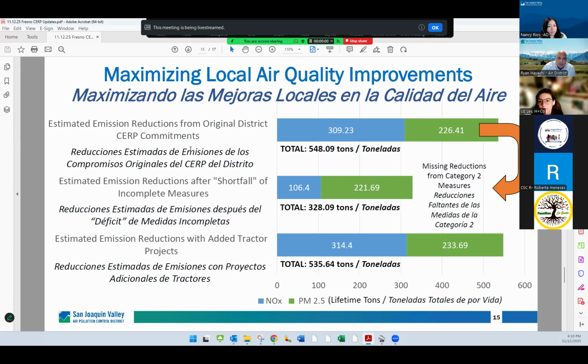If we were to look at tractors, that gets us over where we were before our initial estimate for emission reductions for South Central Fresno, and you also see a bump in PM 2.5 emission reductions as well.